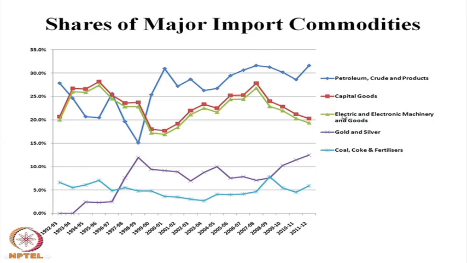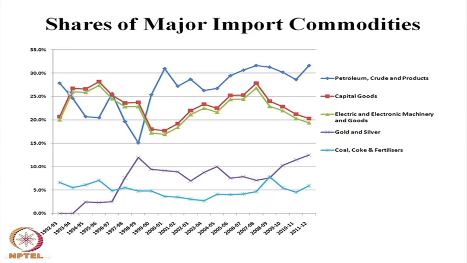The green line is electric and electronic goods and machinery goods, and this also is significant in our import basket. All these 5 items constitute nearly 20% each of our import basket, and together these 5 items constitute 90% of our import basket.